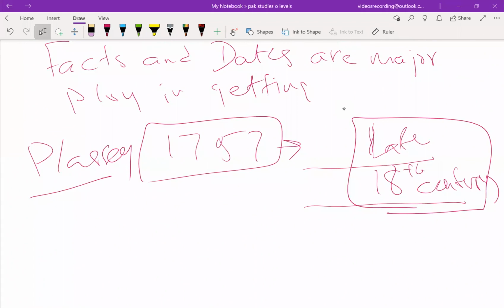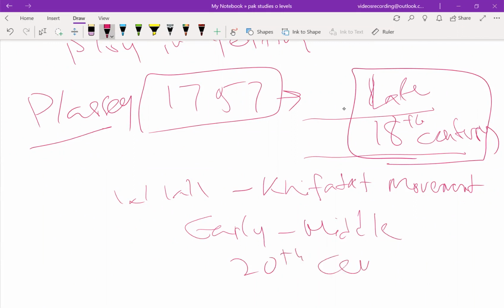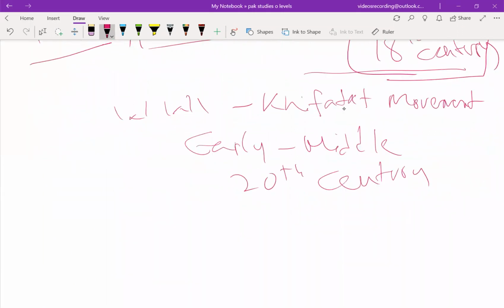So make sure to do that. Make sure to remember the era in which different things happened. Let's say World War One, aka the Khilafat movement, happened in the early to middle 20th century. The exact date is around 1917 to 1919.